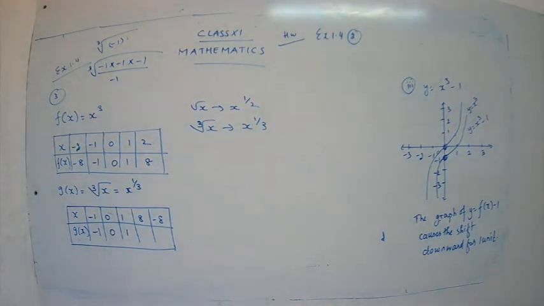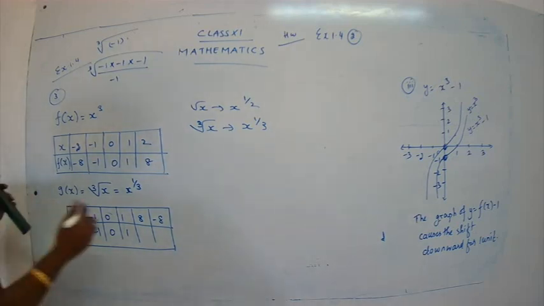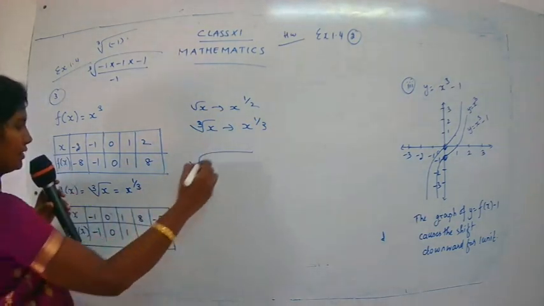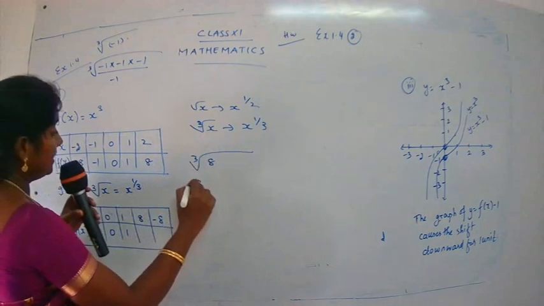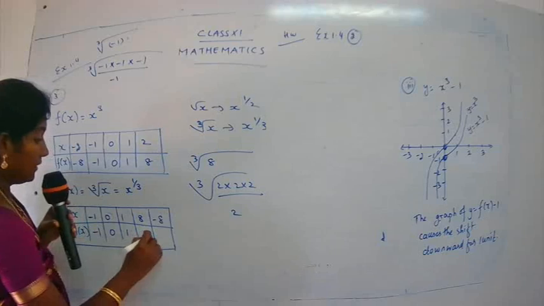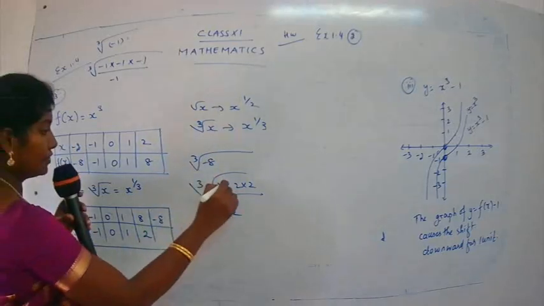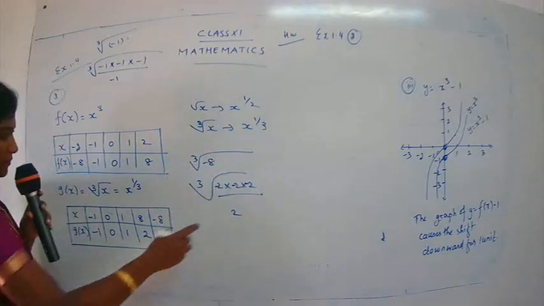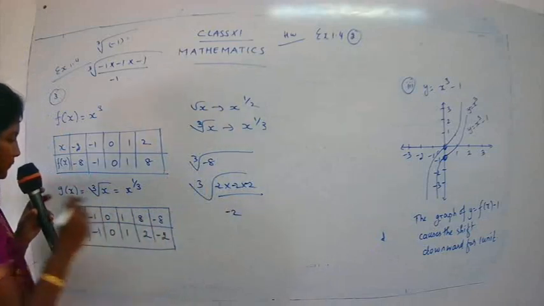What will be the cube root of 8? 8 can be written as 2 into 2 into 2. So cube root of 8 is 2. Again for minus 8, minus 2, minus 2, minus 2. So minus 2 is the answer.